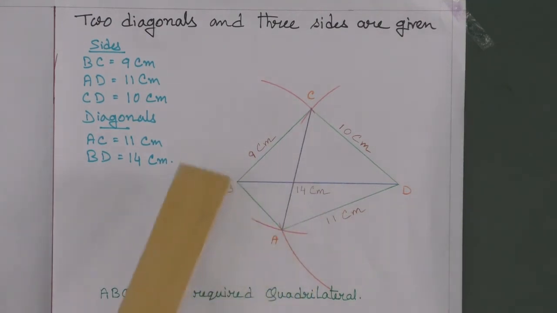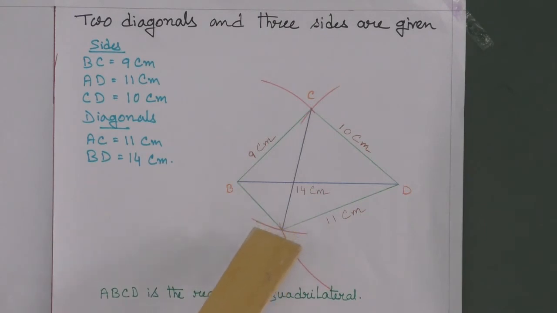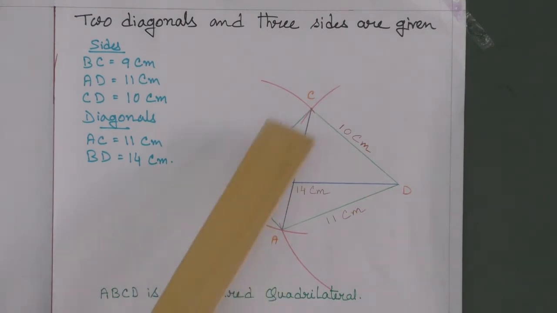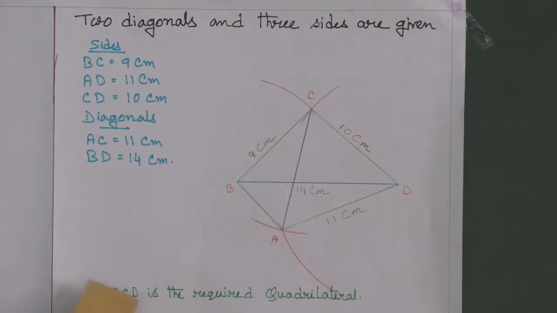A will be on this arc anywhere, right? Now we can see both the arcs intersecting each other at a point. Our fourth point is the intersecting point. So mark it as A and complete the quadrilateral ABCD. So ABCD is the required quadrilateral.